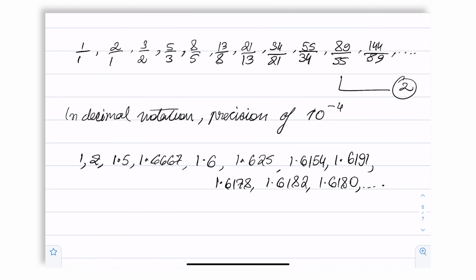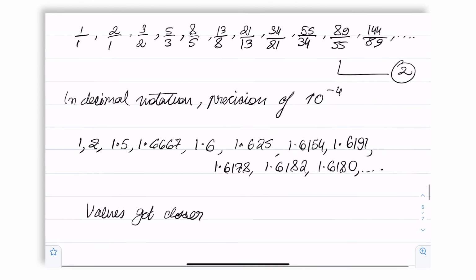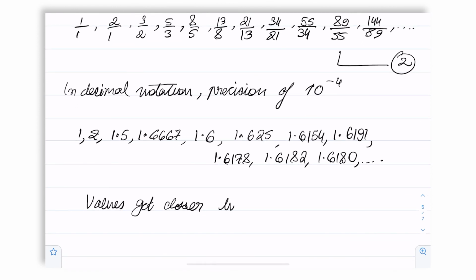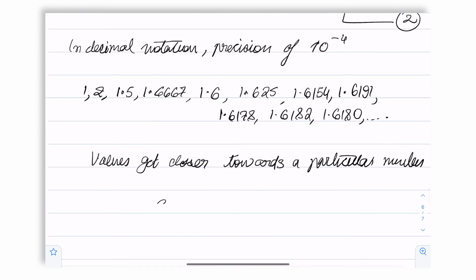One thing you should observe is that the values get closer as we go to higher values towards a particular number, and that is, we denote it by the symbol phi, equal to 1.61803.